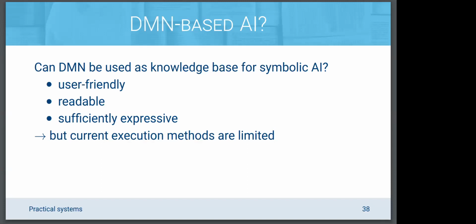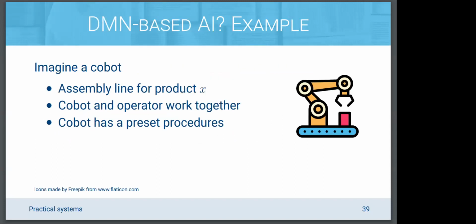That's our main motivation. We want to find out how well we can actually use DMN. Because it's a huge advantage to have a user-friendly, readable representation as, for example, the brains of your chatbot. If you can just plug in any DMN model and a chatbot can then interact with it, it's super easy to actually see what it's reasoning on, right?